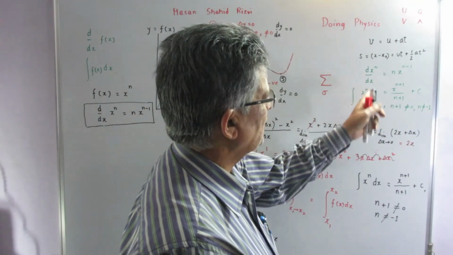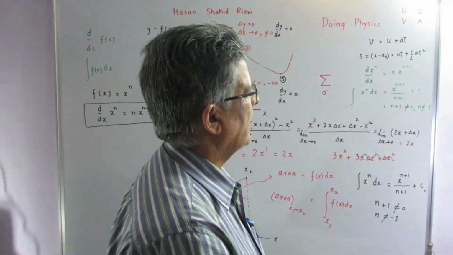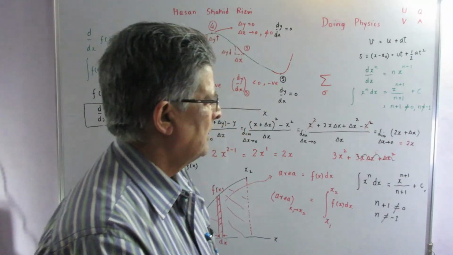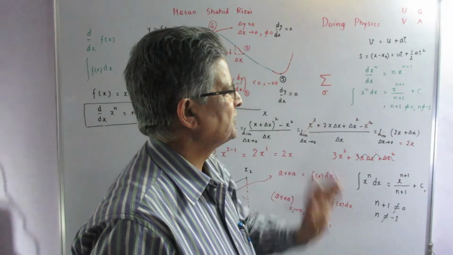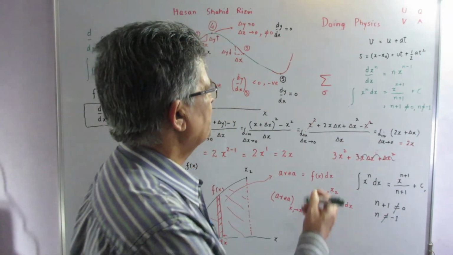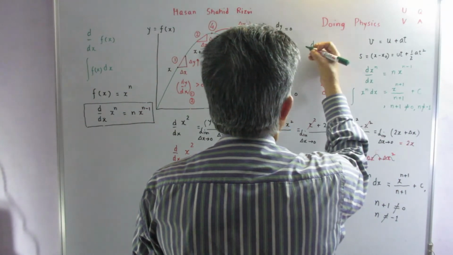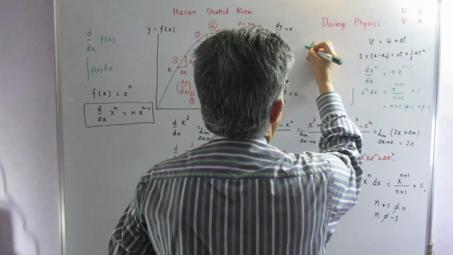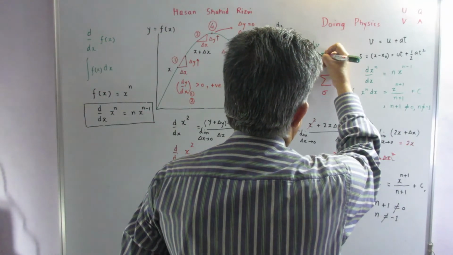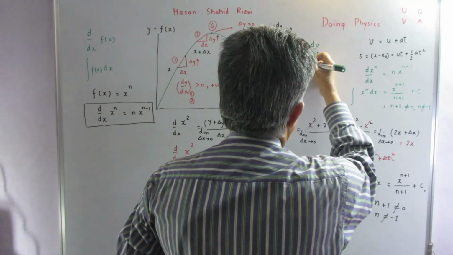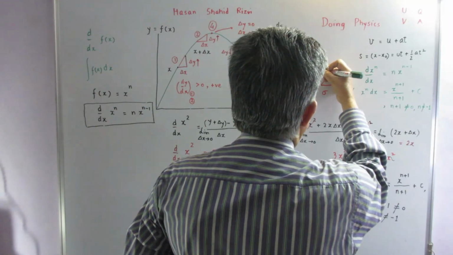So these two sets of formulae we are going to obtain from the basic definitions. And what are the basic definitions? The basic definitions are a is equal to dv/dt, and v is equal to dx/dt.